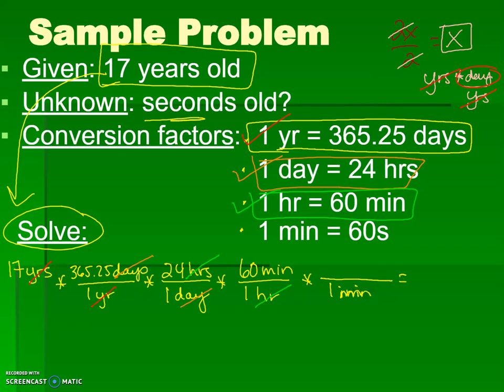Let's erase that and make it prettier. Minute. And 60 seconds up top. And that way, minutes and minutes cancel out, and I'm left with seconds. So everything should cancel out except for the unit I am looking for.